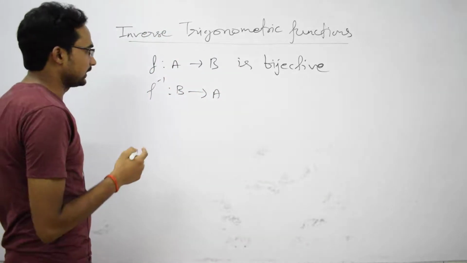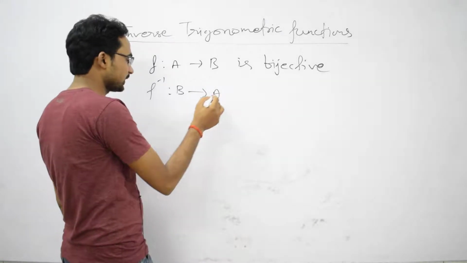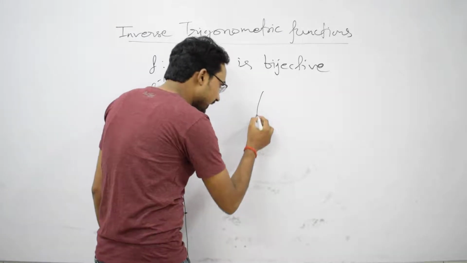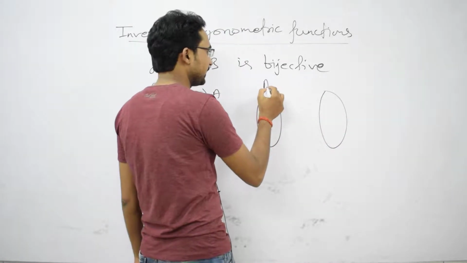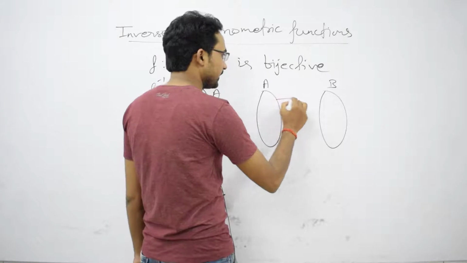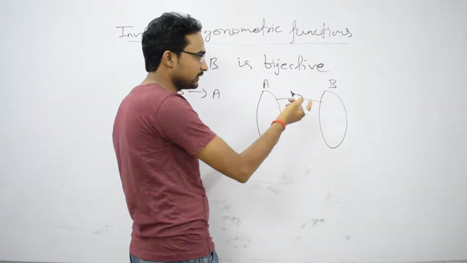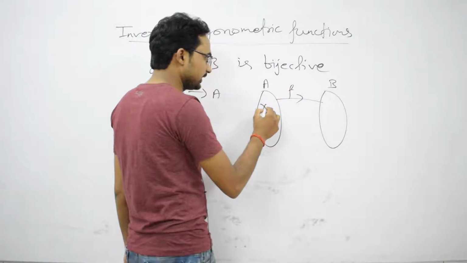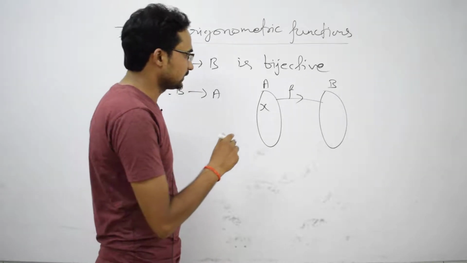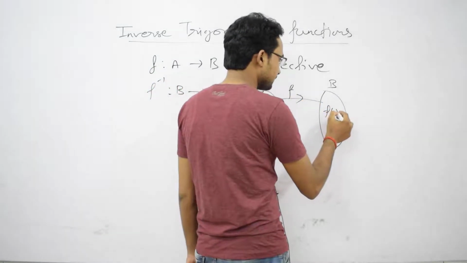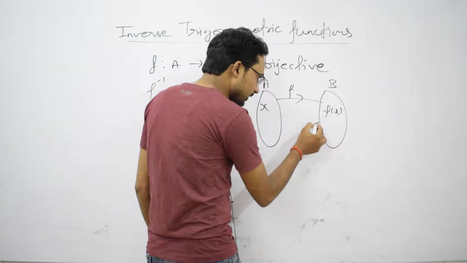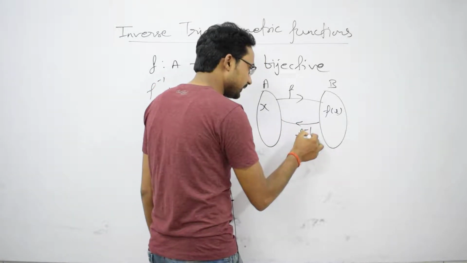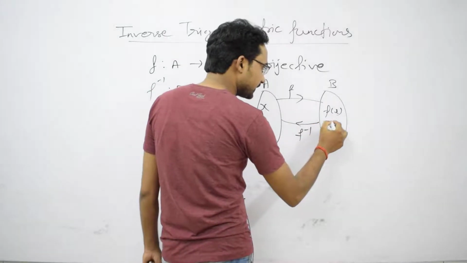Okay. And suppose you take an element x; by a diagram also we can understand the inverse of a function. I am taking two sets A and B, and by the f rule set A is linked with set B. Okay. And x belonging to set A and f of x belonging to set B by the f rule. Now, if you take the inverse, f of x is y.